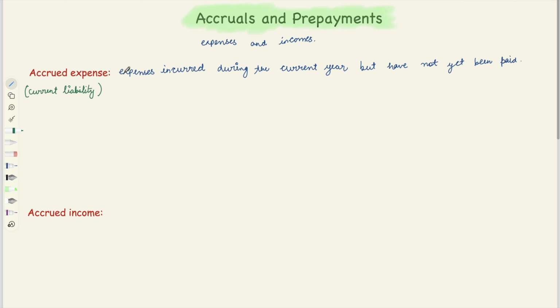Now, that is clear. Next thing is how do I treat it in my financial statements? As this is my current liability, it will be shown as a current liability in your statement of financial position.